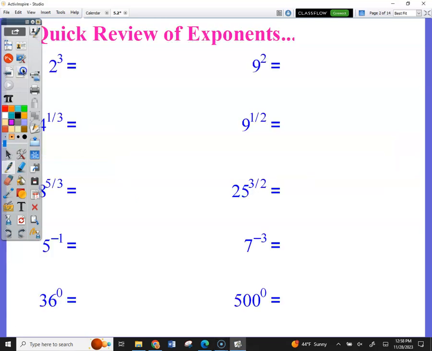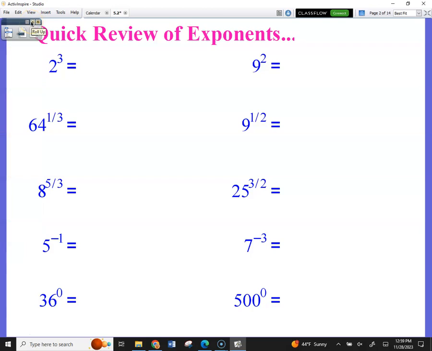So if you go to this slide right here, let's refresh you on how to do this. Yes, you could just type it in your calculator. I need you to know the mechanics behind it, not just can you type it in your calculator. What do these exponents mean? That's the goal here. So for instance, 2 raised to the 3rd power means 2 times itself 3 times, correct?